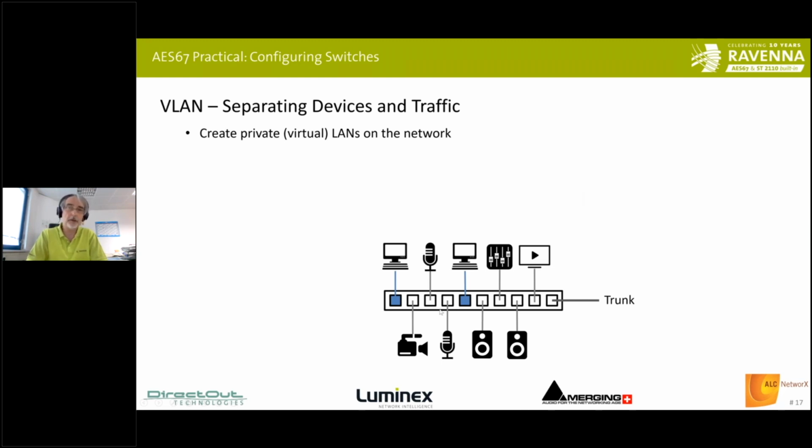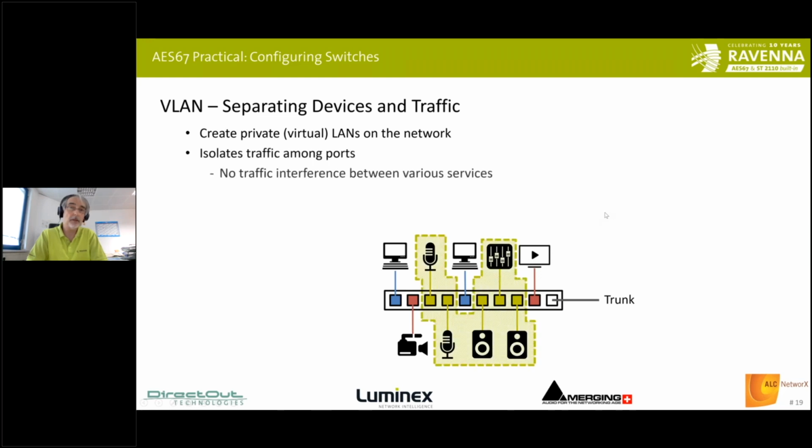So you can set the office PCs into one group, you can set the camera and the video display into another group, and then you can assign the remaining ports to the audio devices. What happens is that it isolates the traffic among the ports, and there is no traffic interference ever. So the office traffic cannot hit into the audio regions anymore.